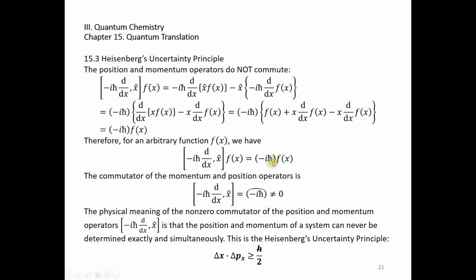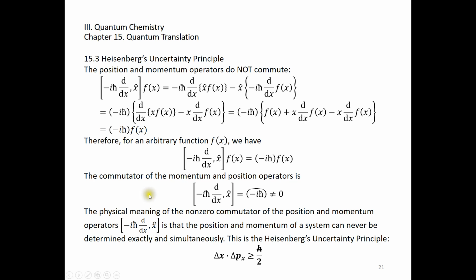We get negative i h bar times f(x). So that simply means the commutator of the momentum and position operators is equivalent to negative i h bar. When you apply this commutator to any function, it's equivalent to multiplying this function by negative i h bar. So this commutator is equivalent to this operator. That means multiplied by negative i h bar.